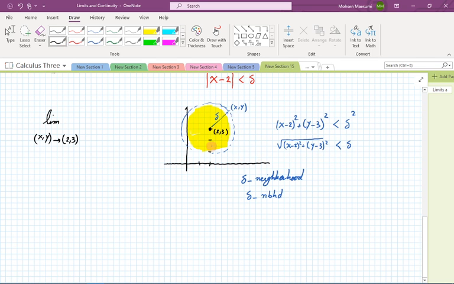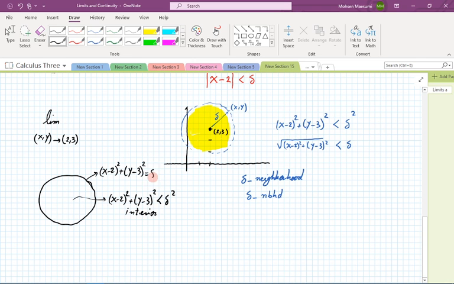So let's specify this for this circle. If you want to talk about the interior of this thing, you say x minus 2 squared plus y minus 3 squared is less than delta squared. That's the interior of it, because you're less. If you're right on the edge, that's where you're on the periphery of the circle: x minus 2 squared plus y minus 3 squared equals delta squared.